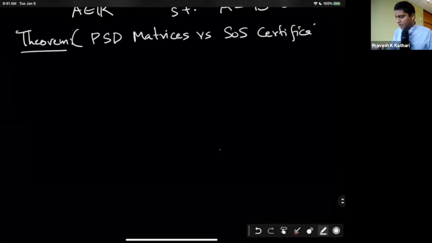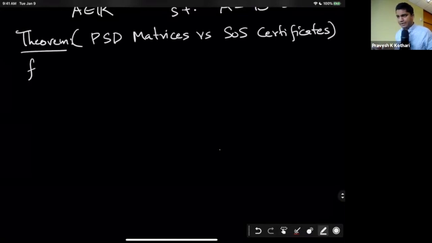It's a very simple theorem, but quite nice. So let's title this as PSD matrices versus SOS certificates. We basically are going to show a correspondence between PSD matrices and SOS certificates of non-negativity. And in some sense, this is the key connection between semi-definite programming and sum of squares certificates and all that jazz.